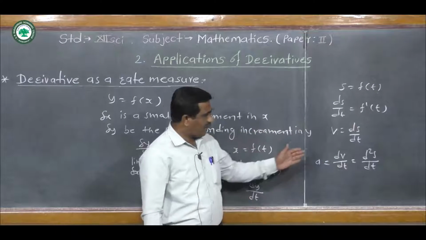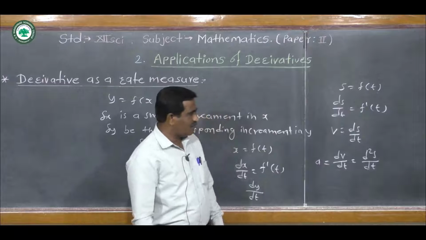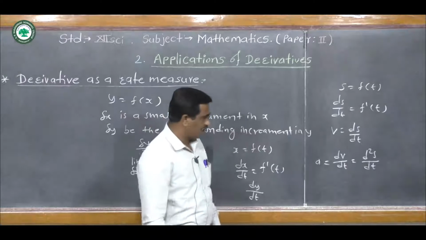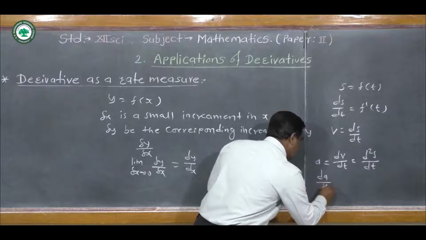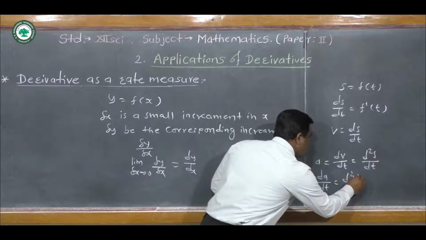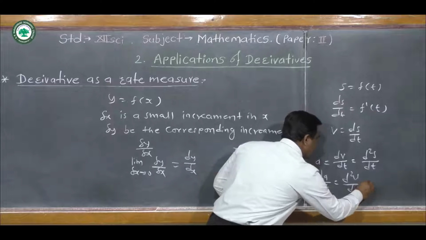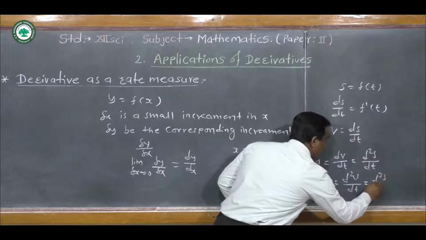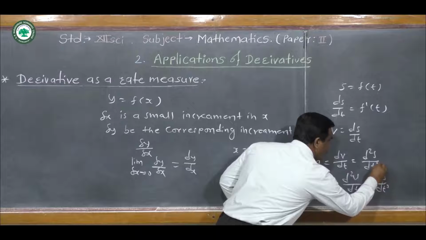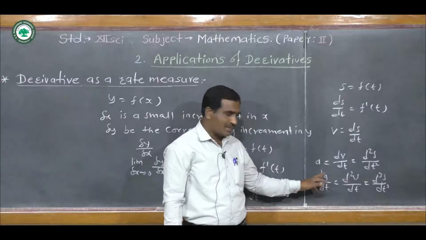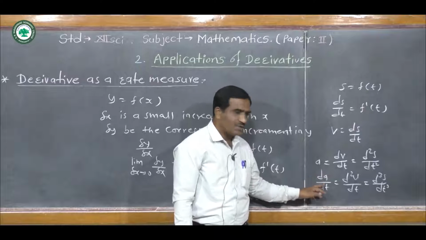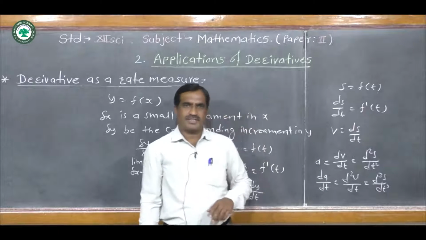And if we take the derivative of this function with respect to t again, we get da by dt is equal to d square v by dt square is equal to d cube s by dt cube. Now this is nothing but the rate of change of acceleration with respect to time t, and this is called jerk.